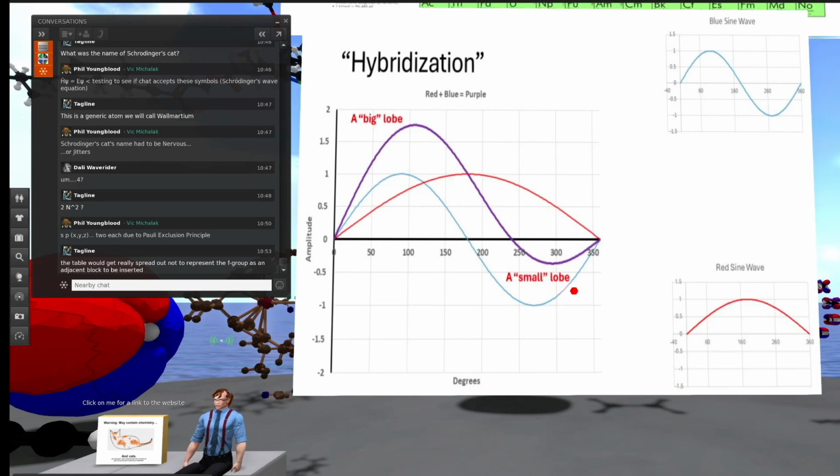There's no reason why different shapes can't add up. So if you had a wave looking like the red one and a wave looking like the blue one, you could get a wave where you've got one big lobe and then one smaller lobe. We can do that with orbitals as well.